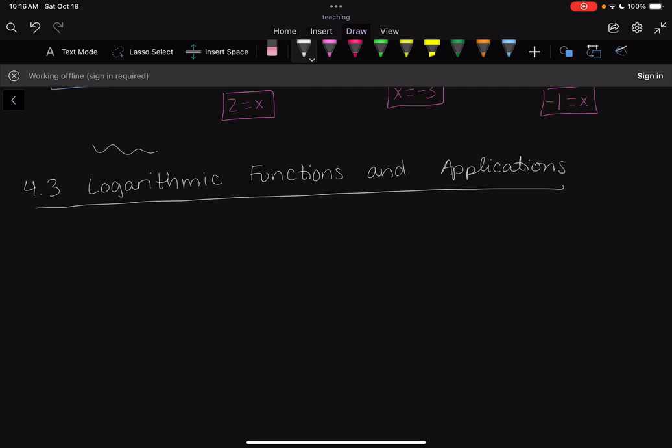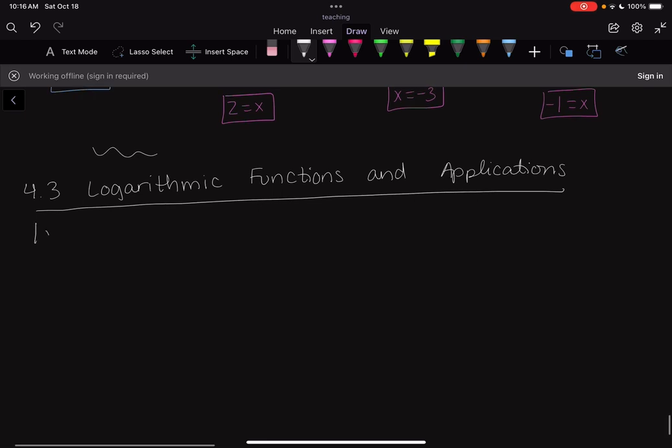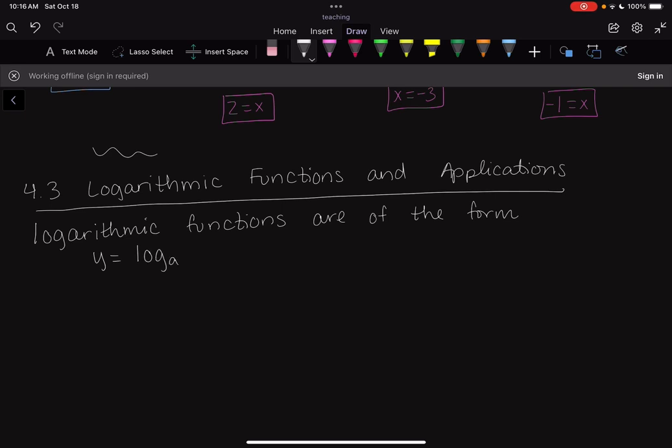So our first thing is that log functions, or logarithmic functions, but we usually just say log, are of the form y equals log base A of x.